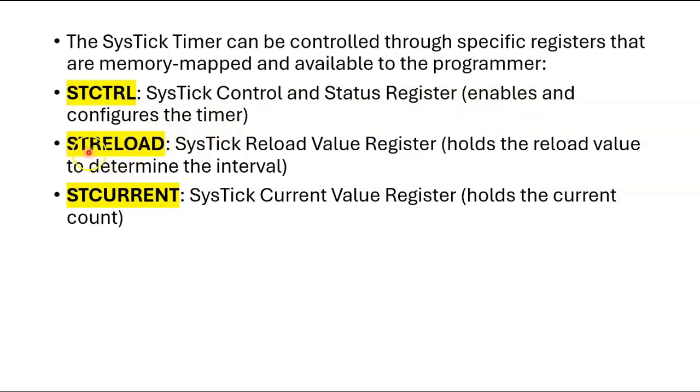Then there is the STRELOAD. This is the SysTick reload value register, and the function is to hold the reload value to determine the interval. Then the SysTick current value register. This holds the current count.